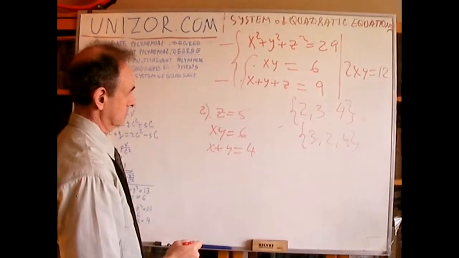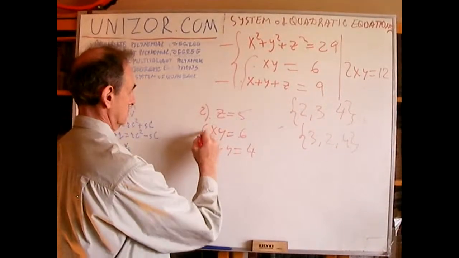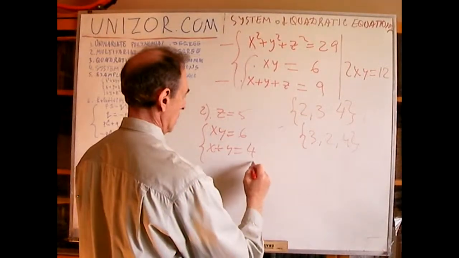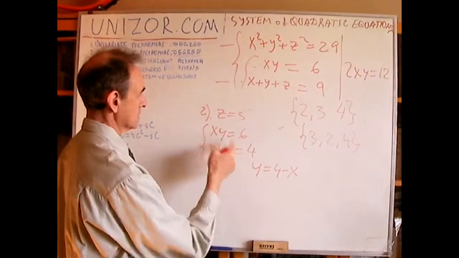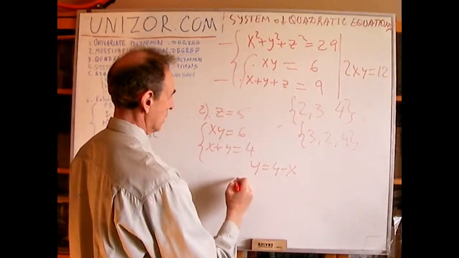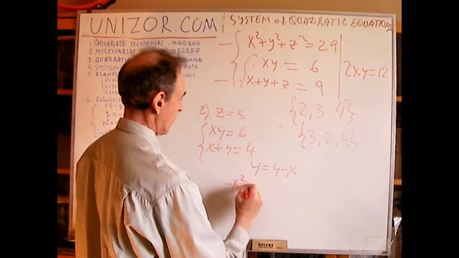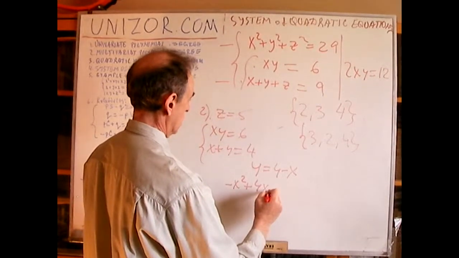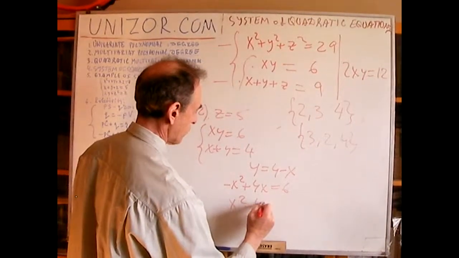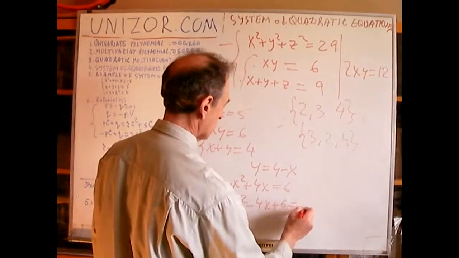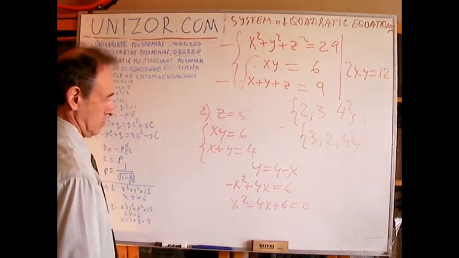So y is equal to 4 minus x from here. Substitute to this would be minus x squared plus 4x equals 6, or x squared minus 4x plus 6 equals 0.